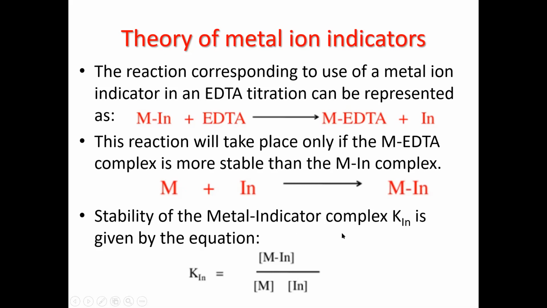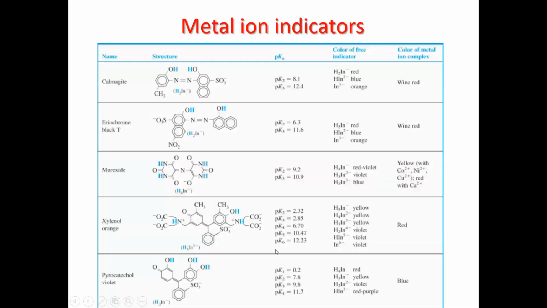So the stability of the metal indicator complex is given by this: the dissociation of your indicator, your metal reacting with the indicator to form your metal indicator complex, and that is the equation of that reaction. So these are examples of metal ion indicators and their structure. You can see they're all organic compounds. You have calmagite, when complexed with metal, is wine red.